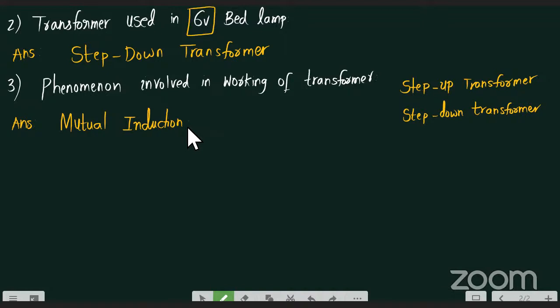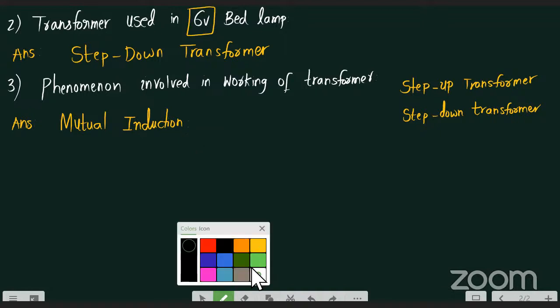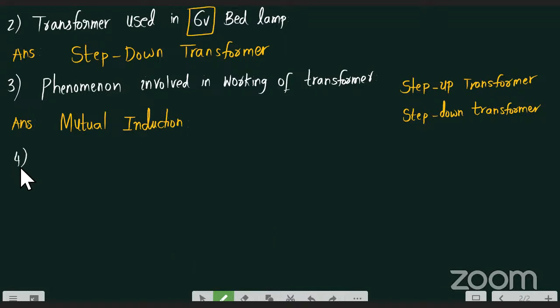Now let us move on to the next important question from alternating current. So what I will be writing the question here itself. The fourth question is important. Expressions for reactance of, in this, first one is inductor.